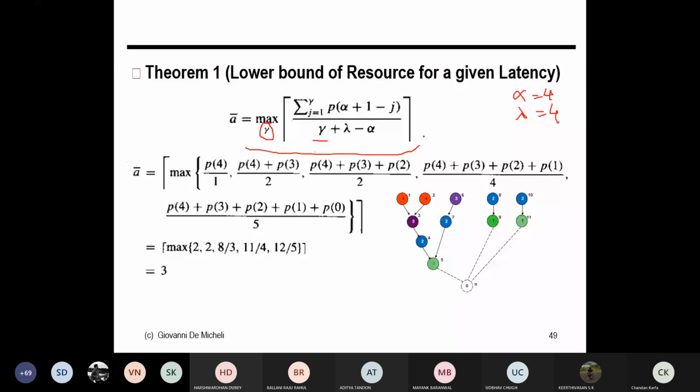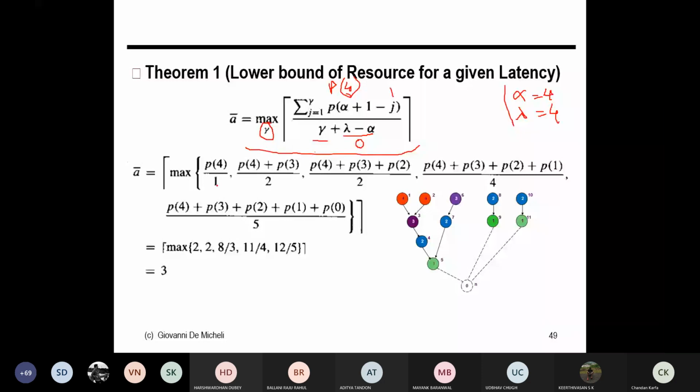If gamma equals 1, this term turns out to be 0, so it is just 1. And if you put j equal to 1, it is nothing but p4. So once you put gamma equal to 1, this is p4 by 1.